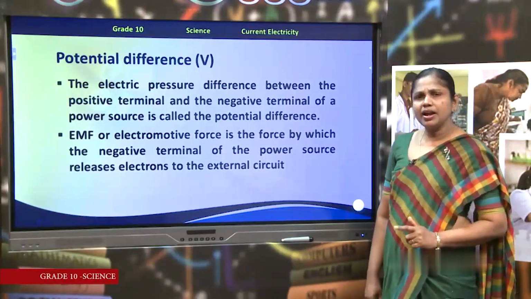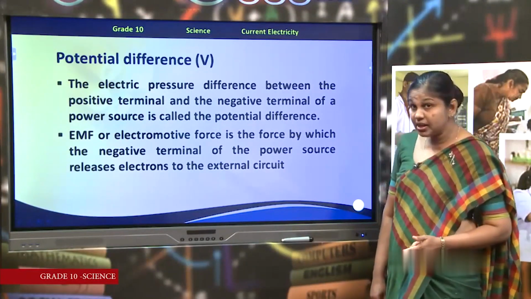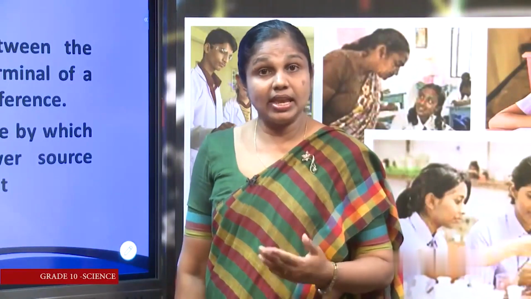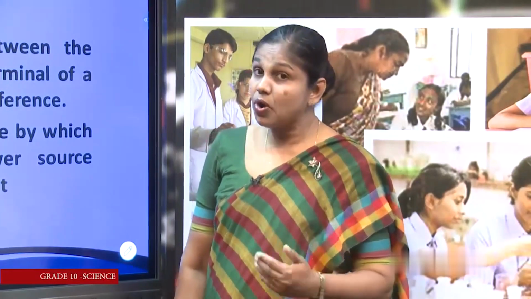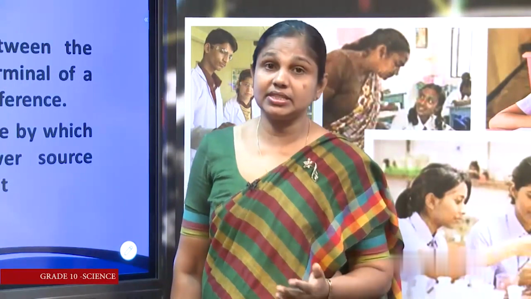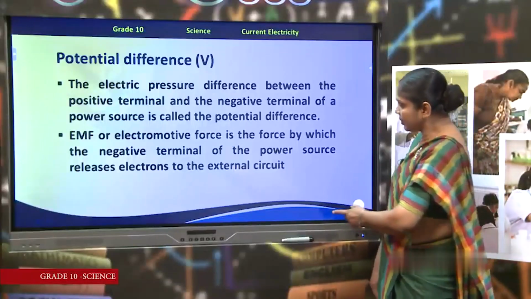Both are a kind of voltage measured by the unit volt. Children, remember, most of the time when electric current is drawn from the power source, the potential difference decreases compared to the EMF. Right.